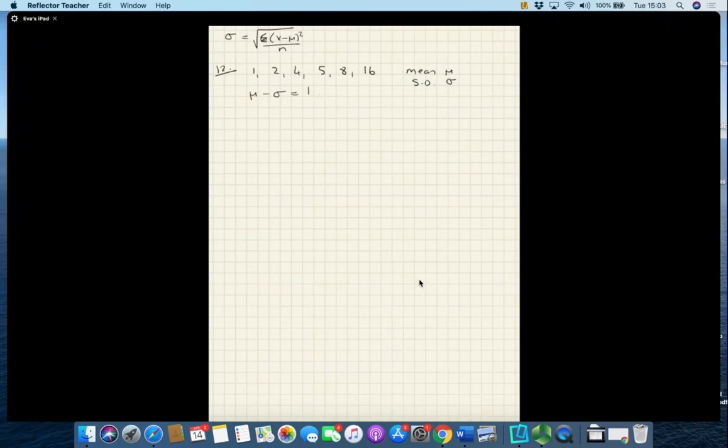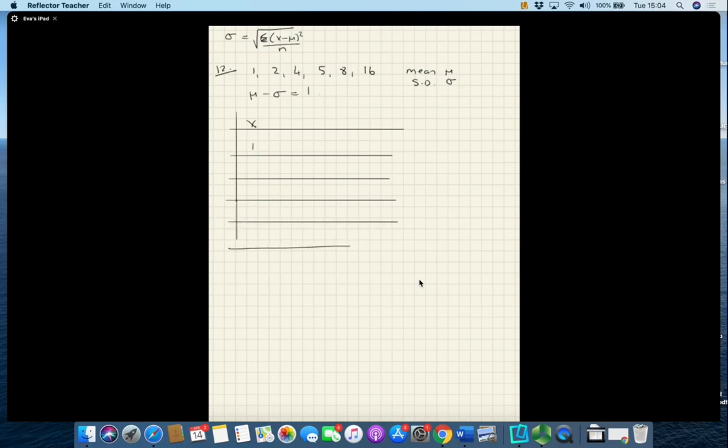The easiest way to do this tends to be in a table. Let's write down my x values first, which are 1, 2, 4, 5, 8, and 16.